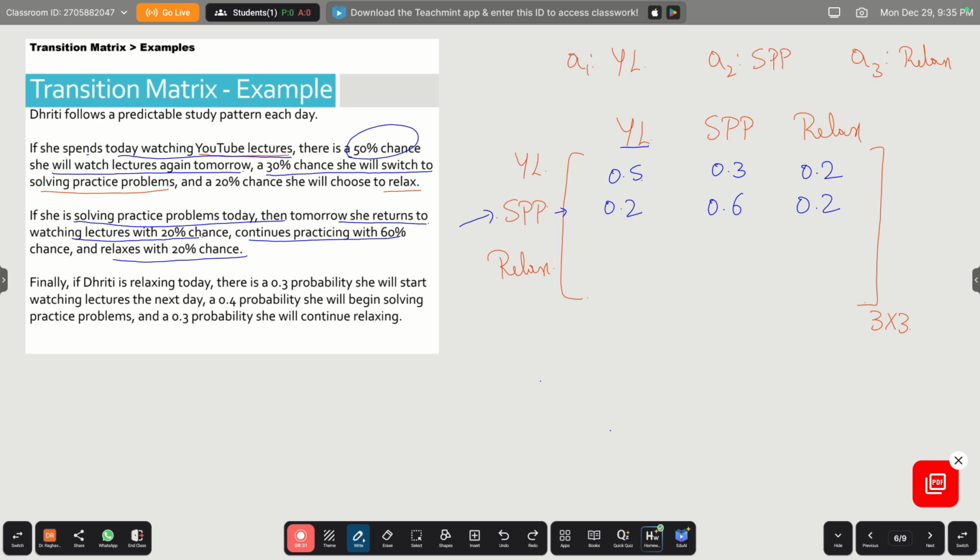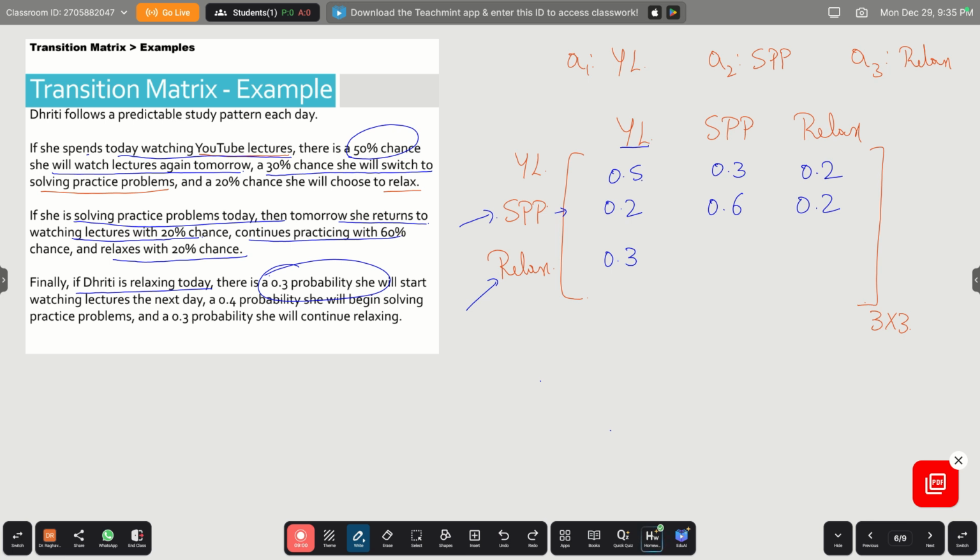And now I'll take the third state, relax. Suppose she has relaxed today. With what probability is she going to have these three different states? So suppose Dhriti is relaxing today. 0.3 is the probability that she will start watching the lectures next day. Today she has relaxed, 30% chance, 0.3 is the probability that she will watch the YouTube lectures.